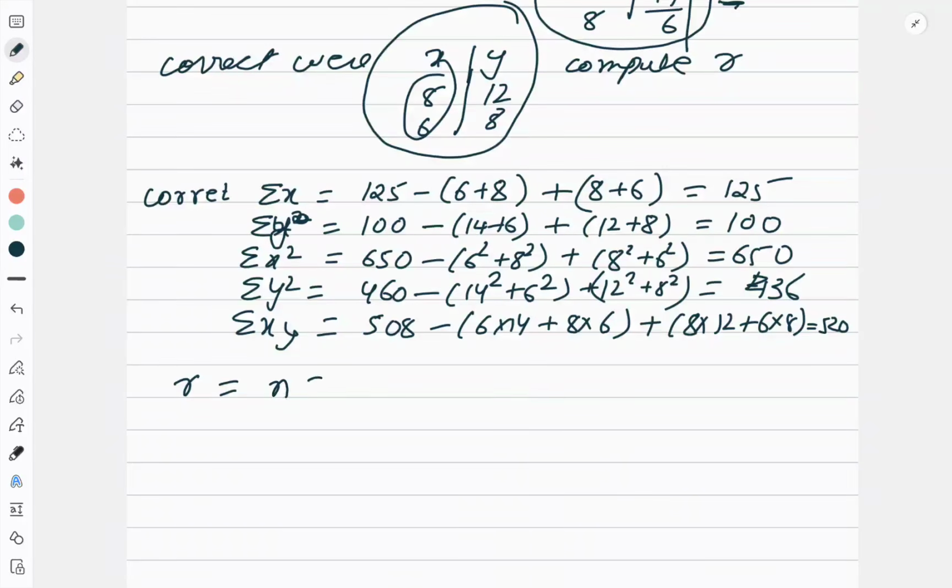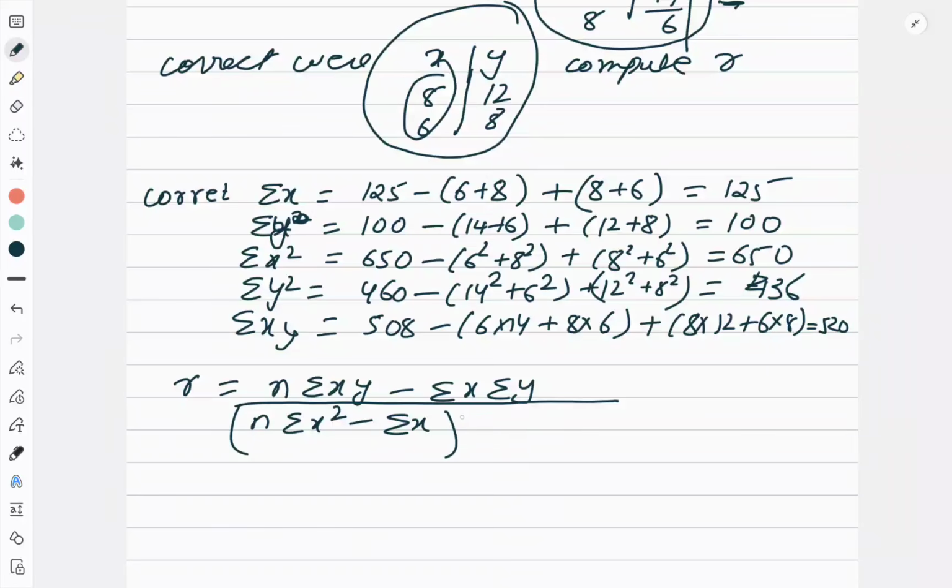R is equal to n summation xy minus summation x summation y upon the square root of n summation of x square minus summation of x whole square, okay, then in the second bracket you have n summation of y square minus summation of y whole square. This is one more formula for r which we have not yet used.